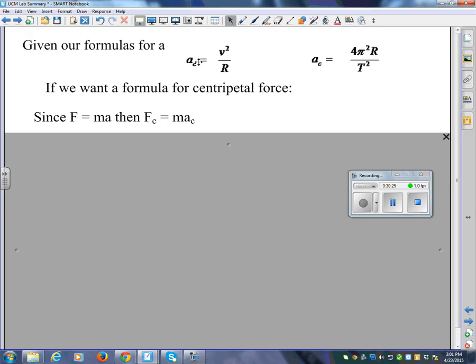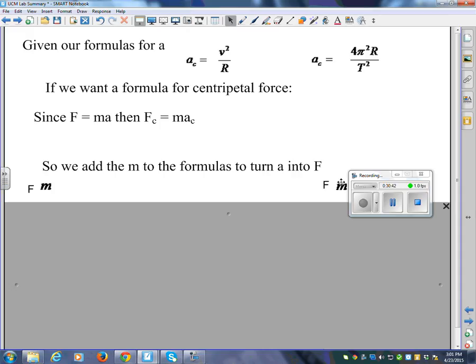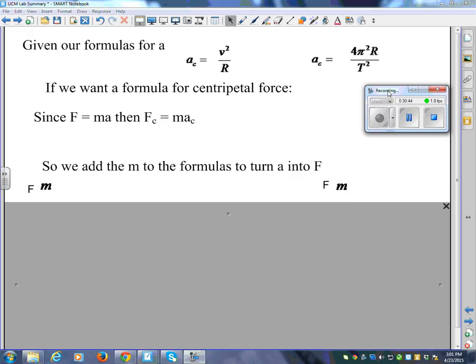Is this not equal to a? How do I turn this into force? Anyone? Bingo. You simply add the m to the formulas to turn the acceleration into a force. He's absolutely right. This is equal to a, right?